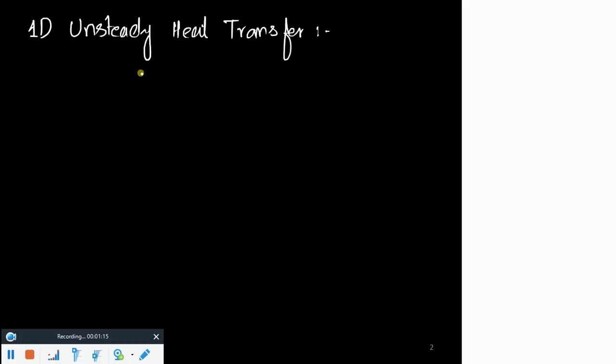heat transfer. So anyways, this was partial T by partial t equals alpha partial square T by partial x square.